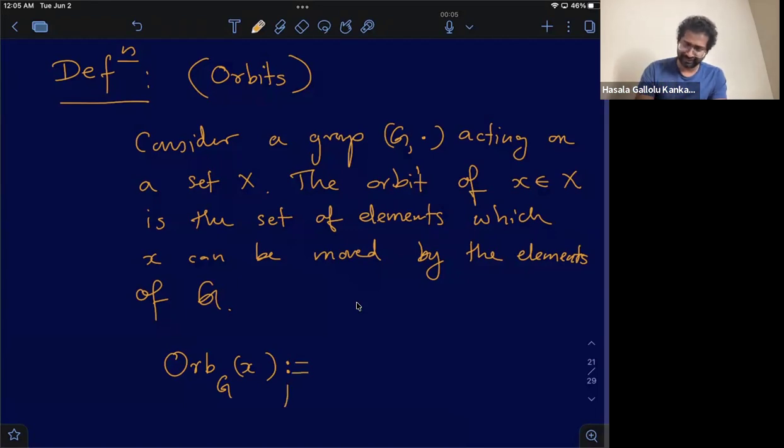When it comes to a definition, we would indicate it like this sometimes in some texts. So it is none other than g operated with x for every g. So you consider one group element at a time, and you apply it, see what it's going to be, and list it right here. So you're going to have all such possibilities.